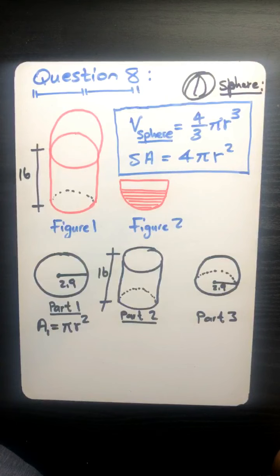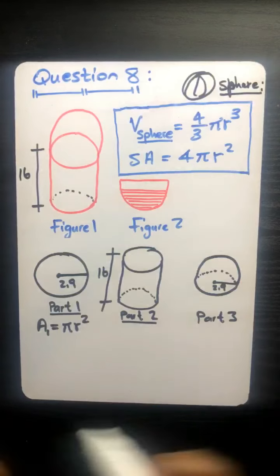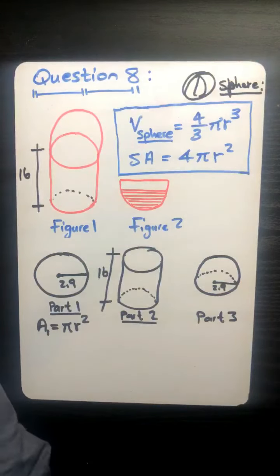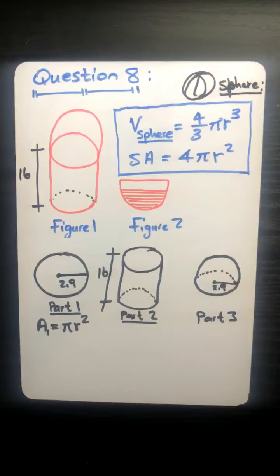So I think it's 2 pi r squared. She's saying 2 pi r squared. Who's speaking there?